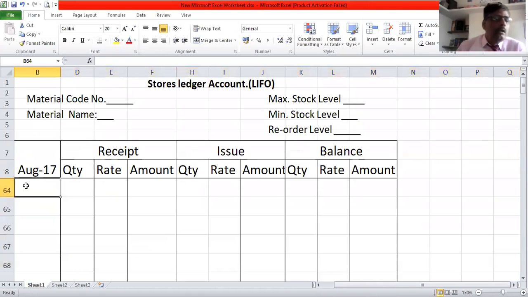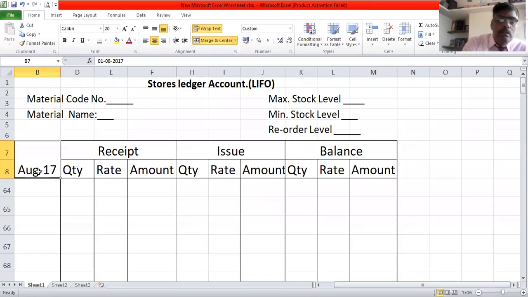Then the date in the problem is July. The first date is a misprint, so you don't take that July.